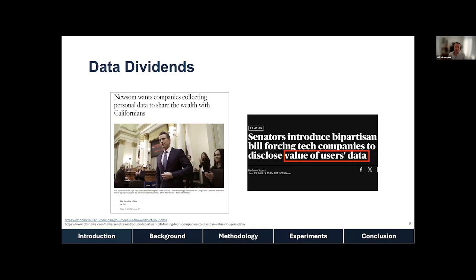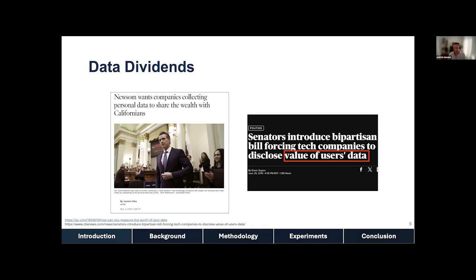And a similar idea also in 2019 from senators in Virginia and Missouri proposed to force companies to value users' data and make this valuation transparent.